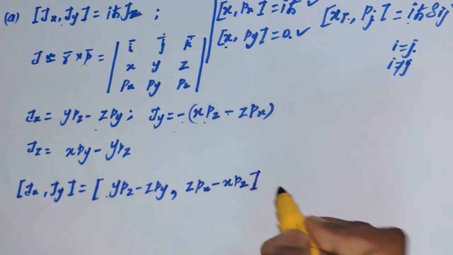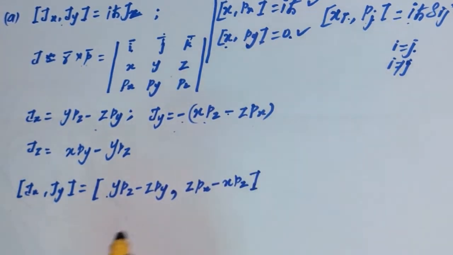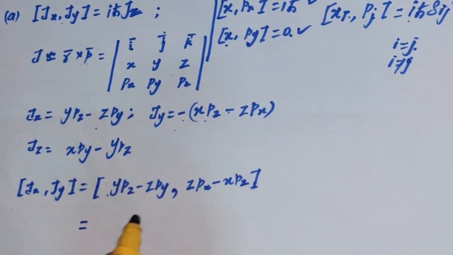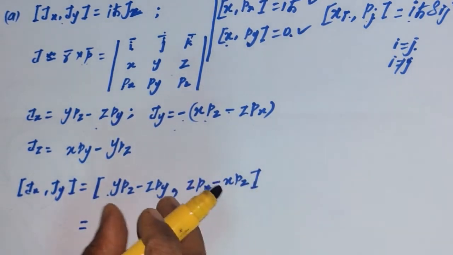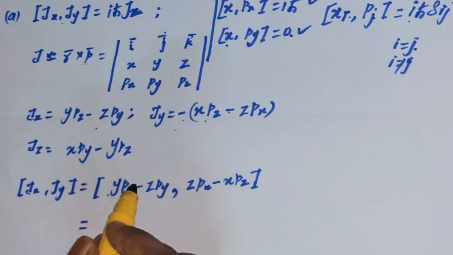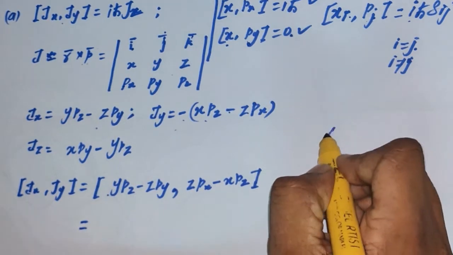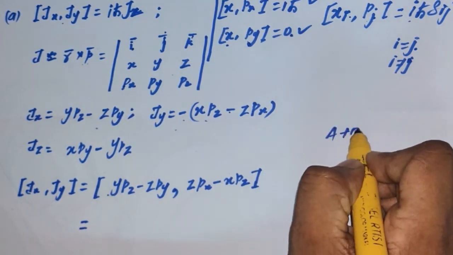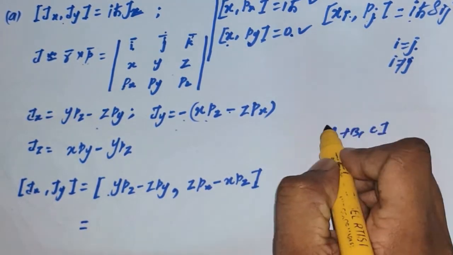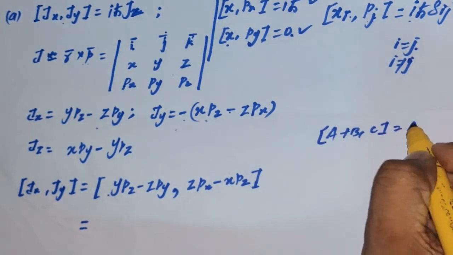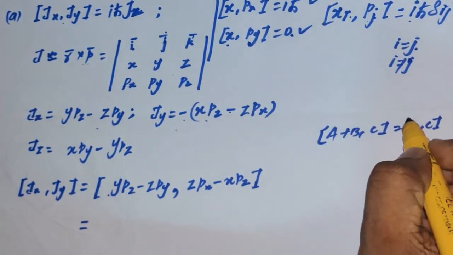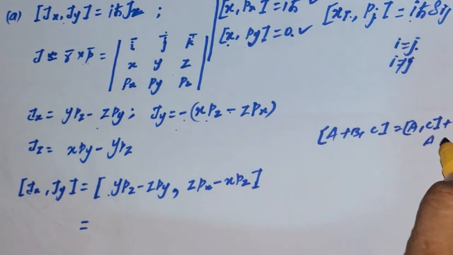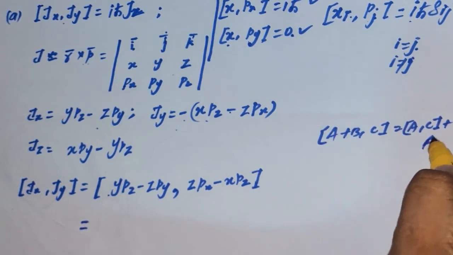This is a commutation, and you can break it into a lot of pieces. I am going to split this into two commutations. In general, if (a plus b) commutes with c, you can write it as two commutations: [a, c] plus [b, c].